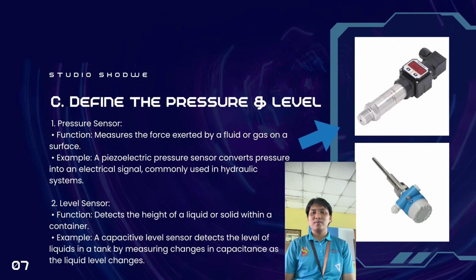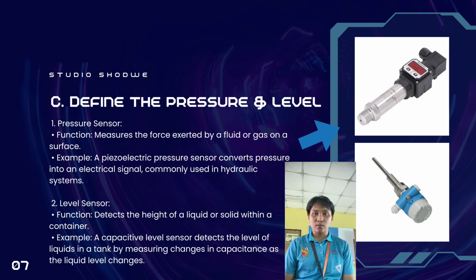Next, pressure and level sensor. Pressure sensor function measure the force exerted by a fluid or gas on a surface. Example, a piezoelectric pressure sensor convert pressure into an electrical signal commonly used in hydraulic system.